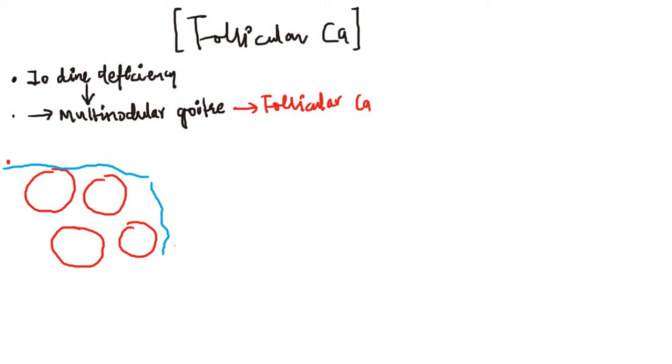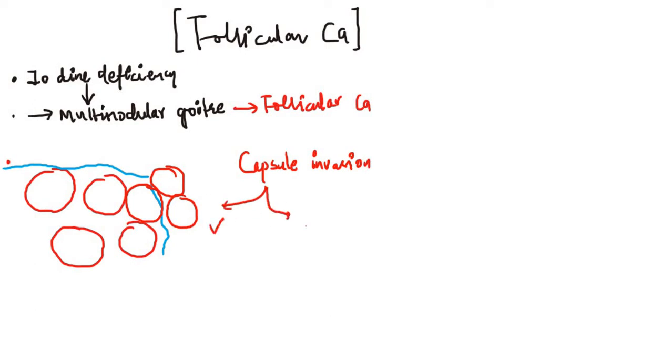Now there is a fibrous capsule which is called the thyroid capsule, and in follicular carcinoma, the cells or the follicles will invade through this capsule, and this capsule invasion is the characteristic feature of follicular carcinoma. This capsule invasion is present only in case of follicular carcinoma, while it is absent in case of the follicular adenoma.